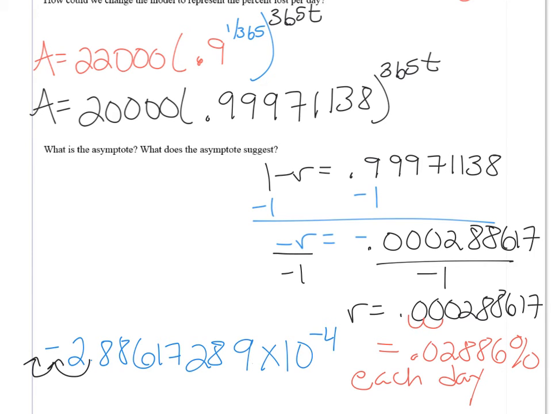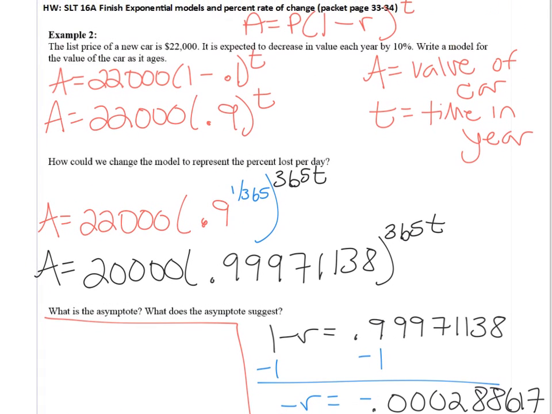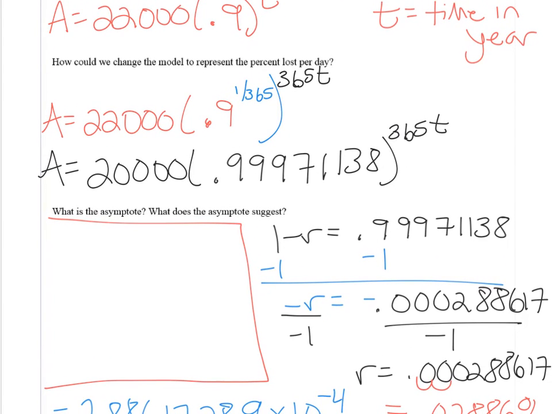All right, so we have another question in here, and we'll squeeze it in. What is the asymptote, and what does it suggest? Well, it's an exponential equation, and here's my A value, here's my B value. There's been no vertical shift, so the asymptote is the horizontal line y equals 0, and in this case it would be A equals 0 because I'm using A in the place of y.